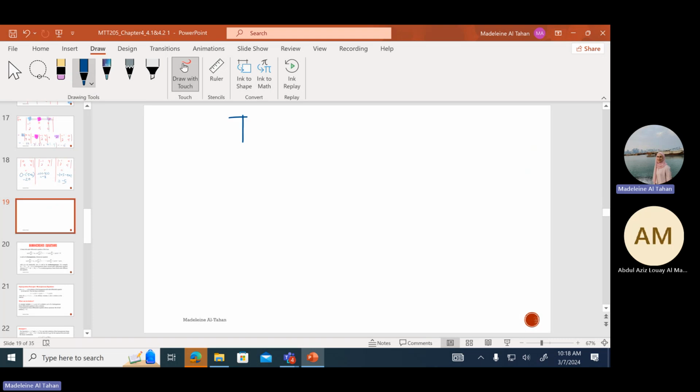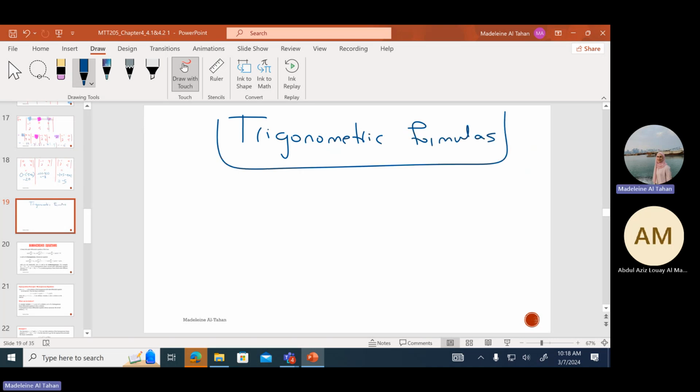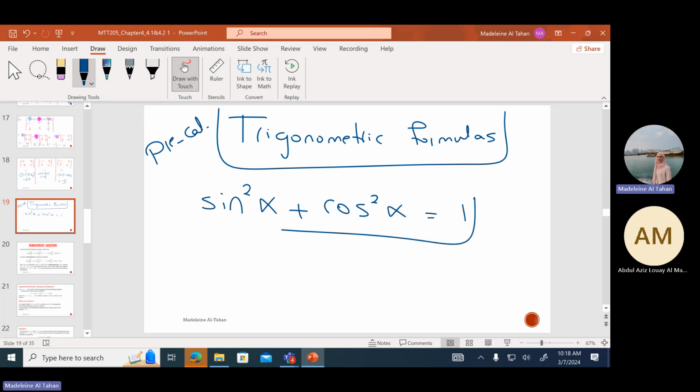I will write some trigonometric formulas that we may use. So this is probably calculus. Sine square alpha plus cosine square alpha equal to 1.